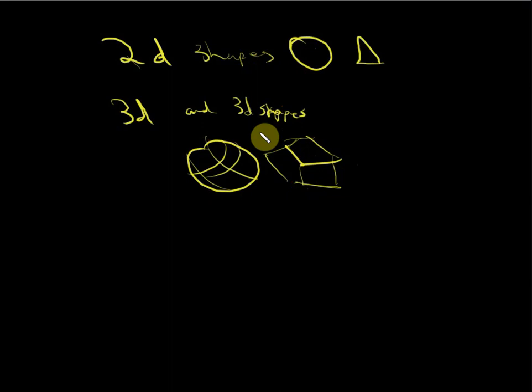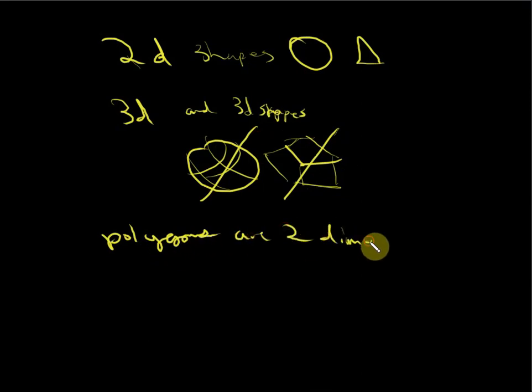It's a slice of the 3D shapes. So polygons are 2-dimensional objects. Now, 2-dimensional objects, what do they have?